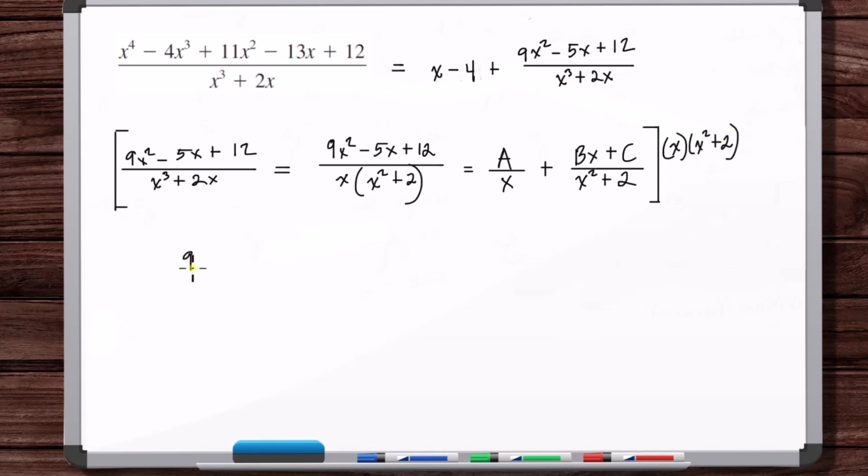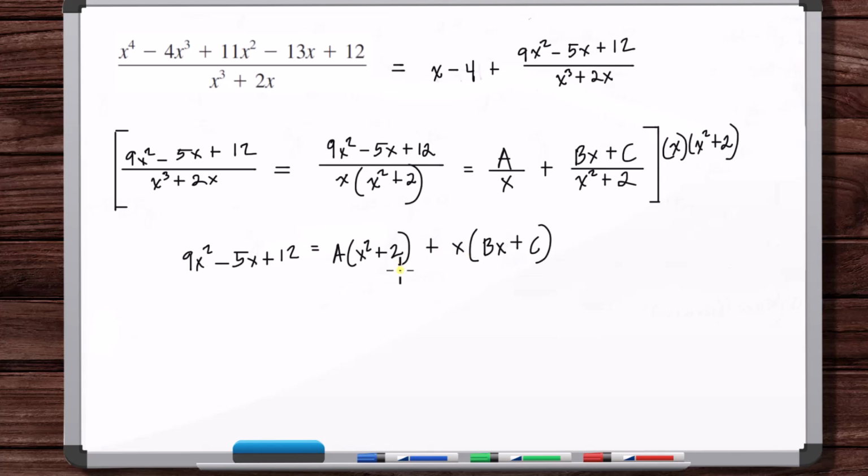And so we've got 9x squared minus 5x plus 12 is equal to... okay, now you can choose one of two methods, or you can combine both of these methods to get the coefficients. You can choose x's, and then once you've chosen an x, you input the x, and then you can just move around and solve for different constants.